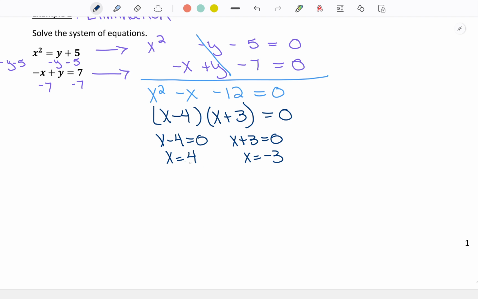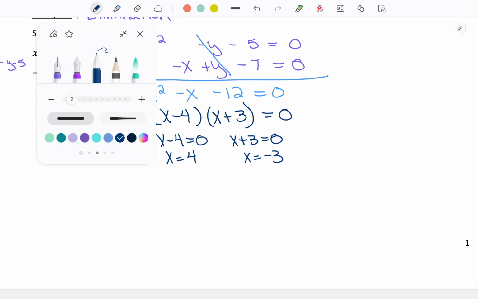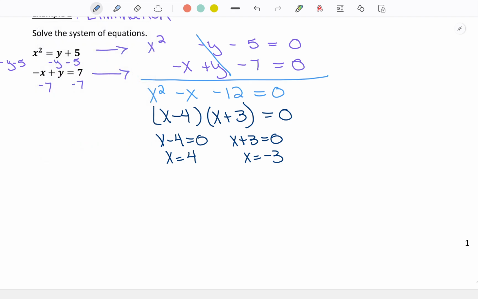So then I will need to plug each of these in to one of the equations to find what y should be. So I'm going to use that bottom equation again. And so I'll have a negative 4 plus y equals 7. And then y equals 11 when I add the 4. So then we have minus a negative 3 plus y equals 7.